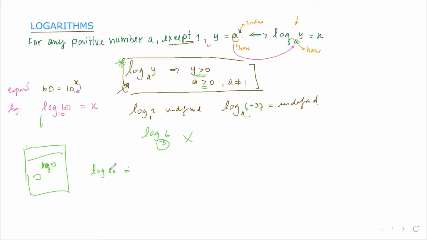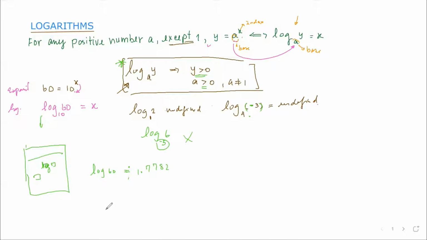So if I have log 60 base 10, the approximate value is 1.7782, something like this. Most calculators have base 10, so you don't need to change the base.